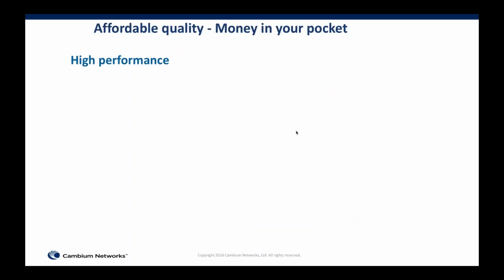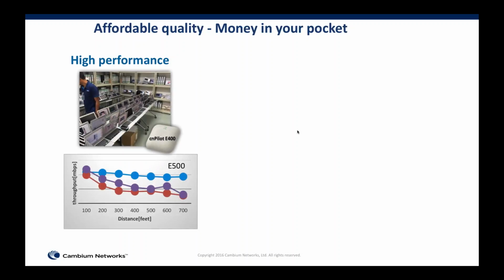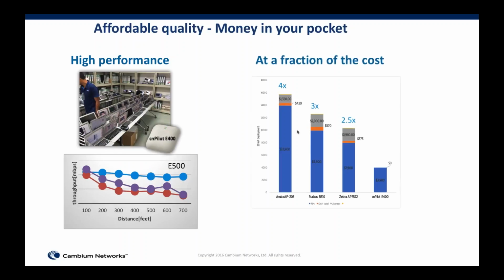So with all of these things, we talked about how our architecture is adaptive, how it makes operations easy. And what we really want to do is, while we deliver these features, we want to continue to emphasize our high performance access point capabilities, both on our indoor and on our outdoor, always keeping affordability and quality in mind.